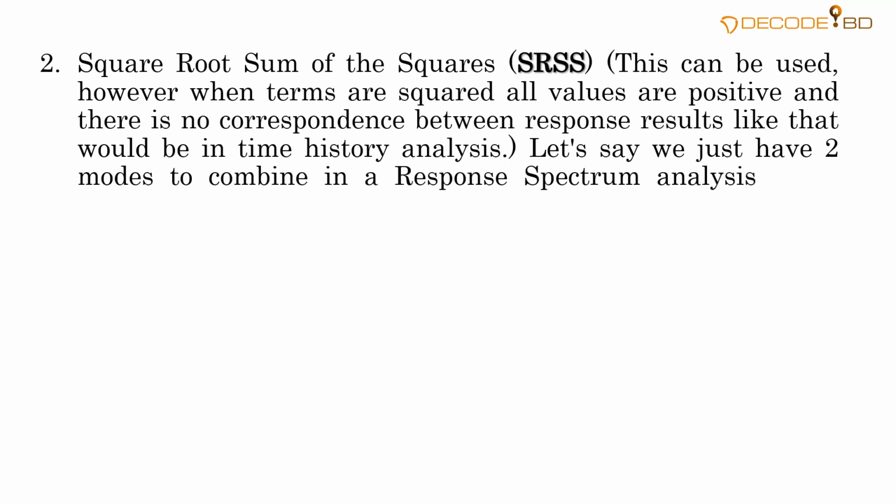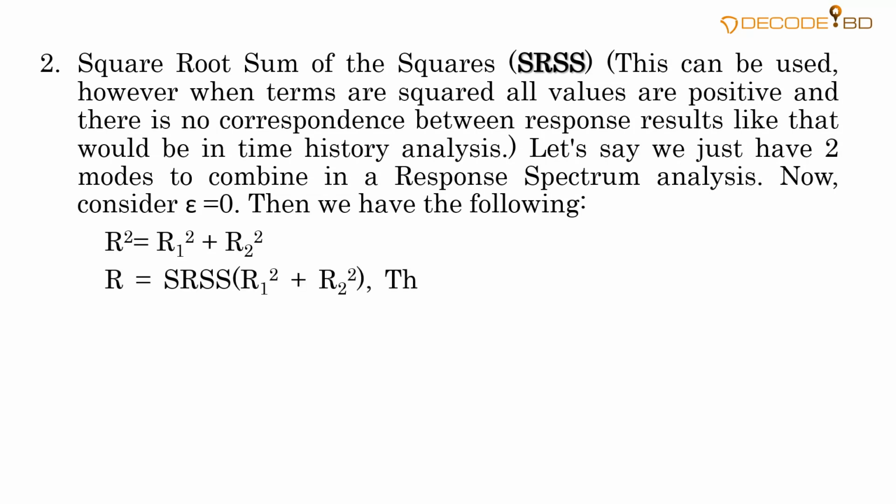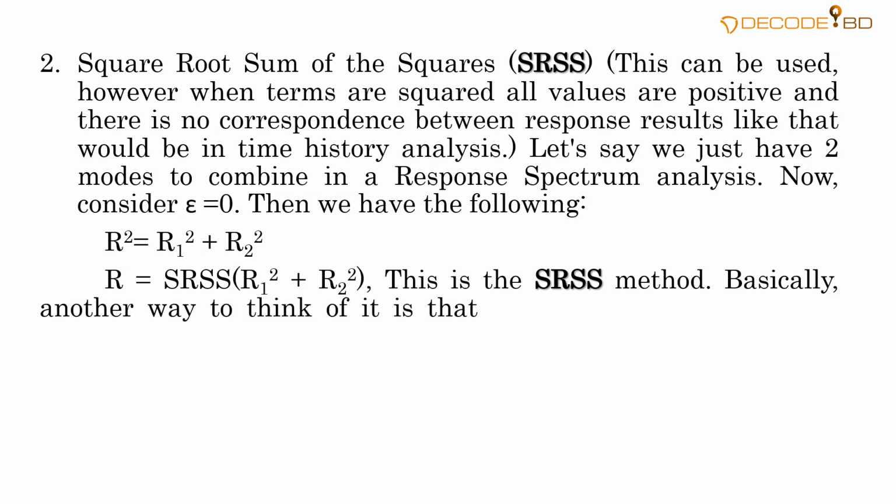Let's say we just have two modes to combine in a response spectrum analysis. Now consider epsilon equal to 0. Then we have the following equation: r square equal to r1 square plus r2 square. R equal to square root sum of squares, r1 square plus r2 square. This is the SRSS method.